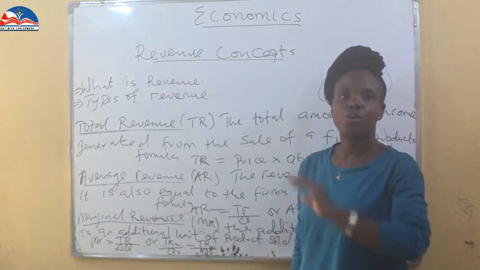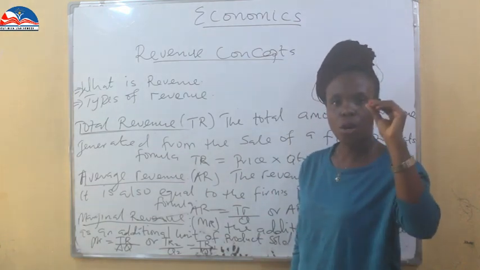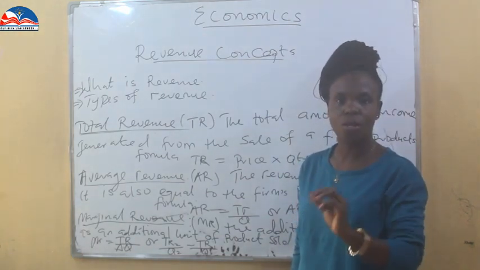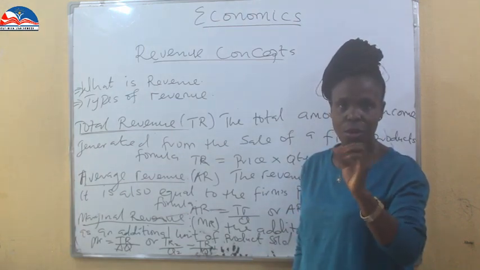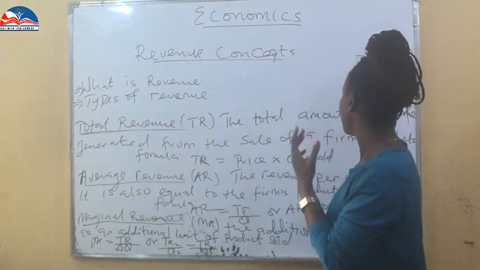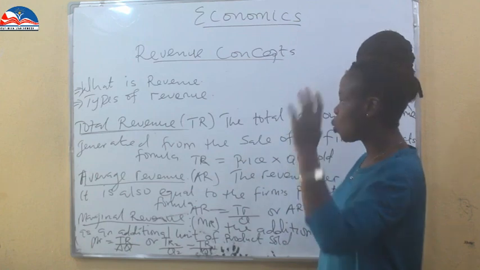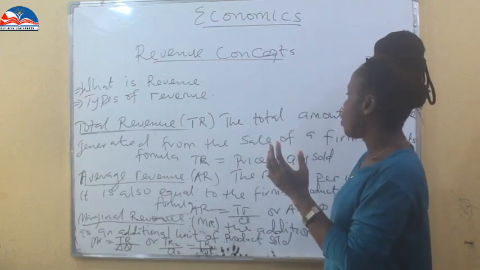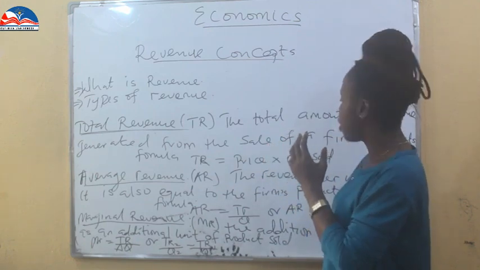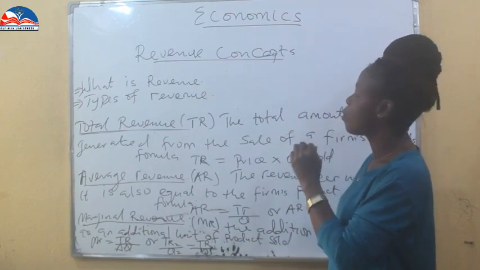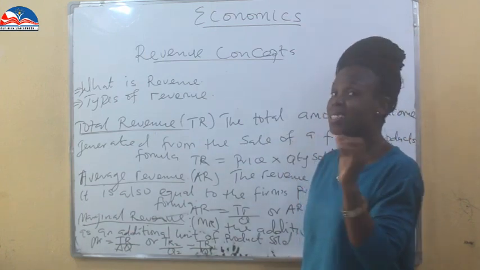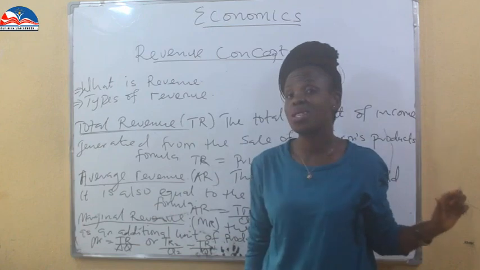If they produce 1,500 and sell 1,300, the 1,300 is the total revenue. So it is the total sale, the amount of income generated from the sales of a firm's products. It has to do with sales, not goods left in the store.